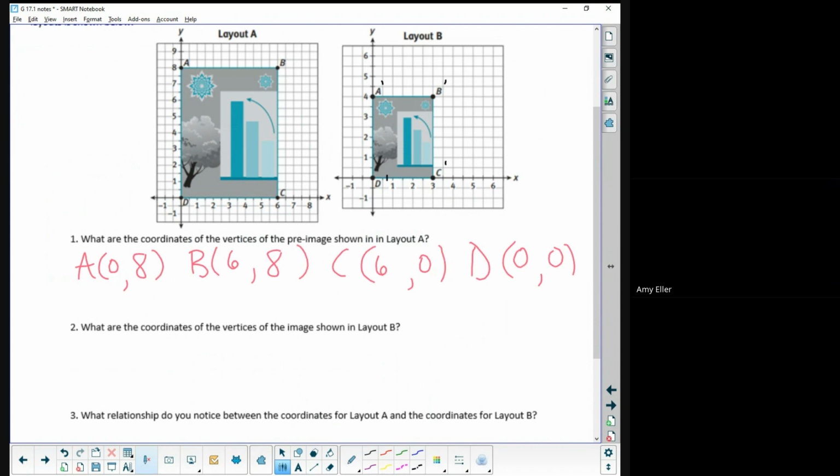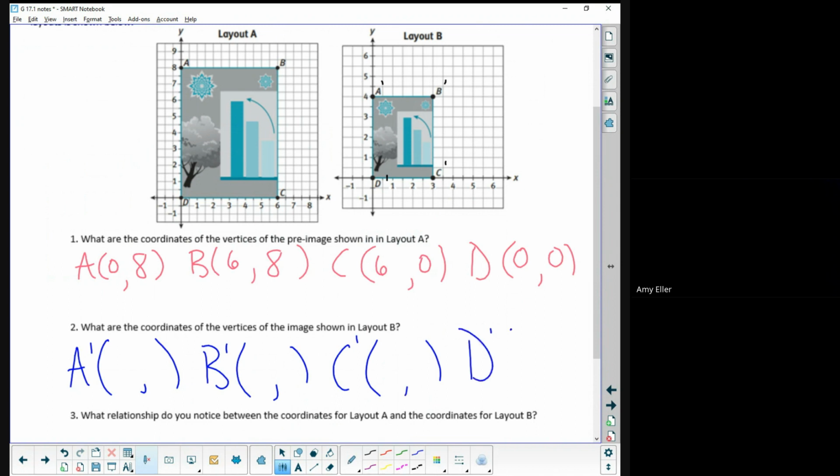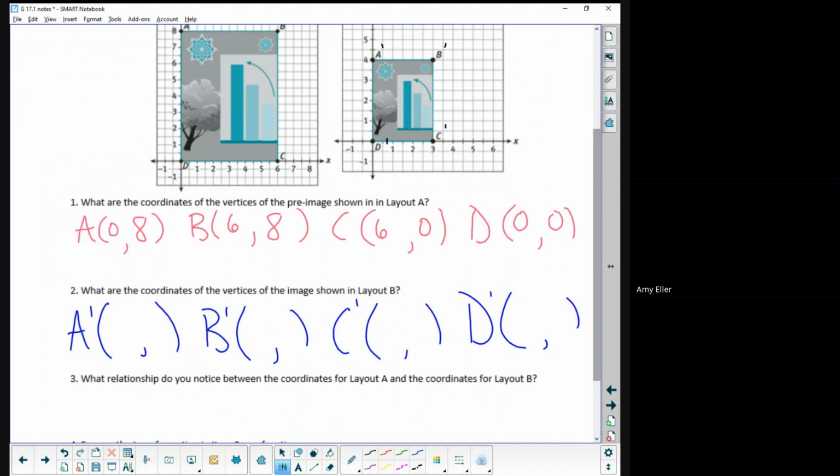And when you go about labeling the coordinates, make sure you label them prime. Go ahead. 0, 4. 3, 4. 3, 0. 0, 0.